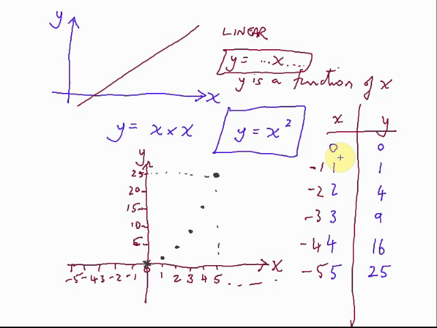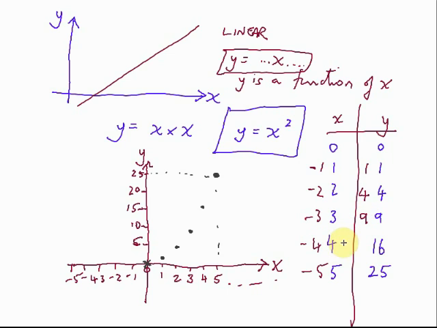And then I'll put the values of y here. Well, if x is minus 1, then y is minus 1 times minus 1. What's that? It's plus 1. And if x is minus 2, y is minus 2 times minus 2, which is simply plus 4. And if x is minus 3, then y is minus 3 times minus 3, which is 9.